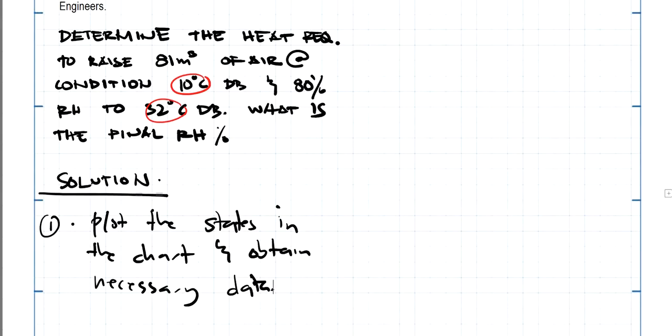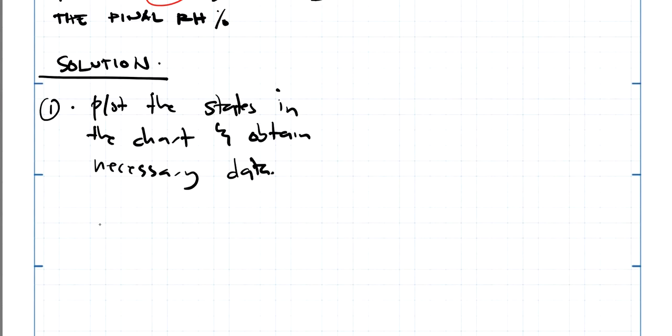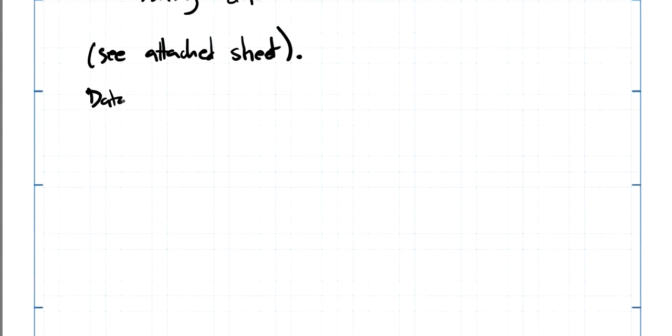Okay, so if that's the plot, then we can just write here, see attached sheet. And for the data, I think we only need the H1, the H2, and the specific volume, as well as the given volume.